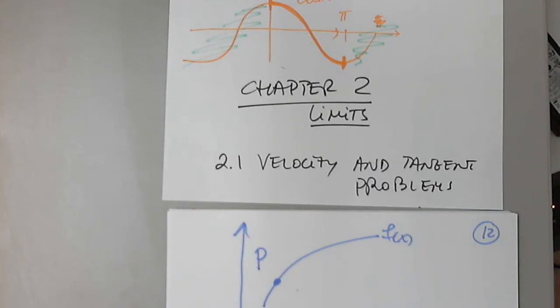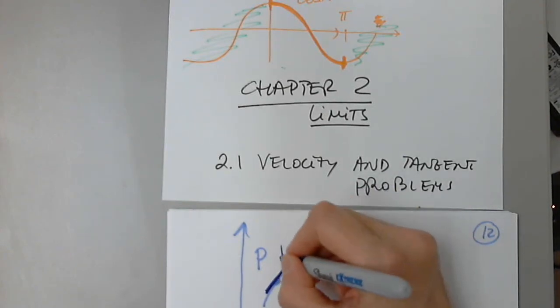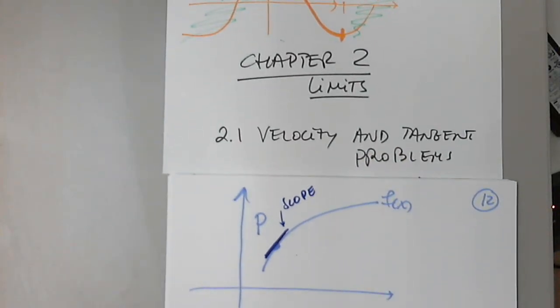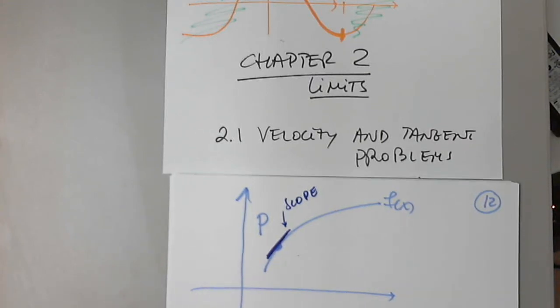So what are we trying to do here? We're trying to determine the slope of this line. Find the slope. So the key question here is find the slope m of the tangent at p.